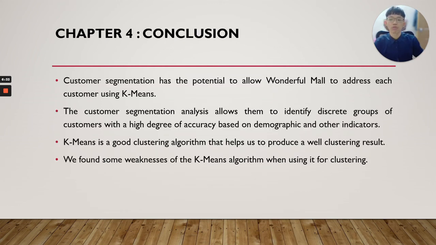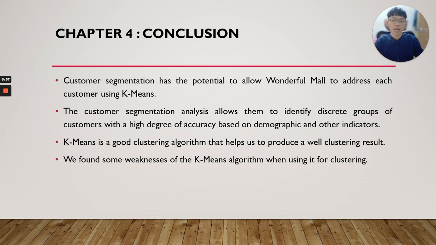Coming to the conclusion. The conclusion for our project is that customer segmentation has the potential to allow the Wonderful Mall to address each customer using K-means, and the customer segment analysis allows them to identify discrete groups of customers with a high degree of accuracy based on demographic and other indicators.